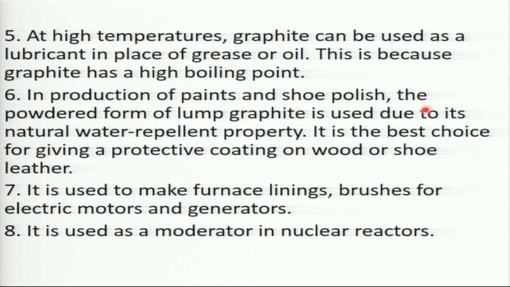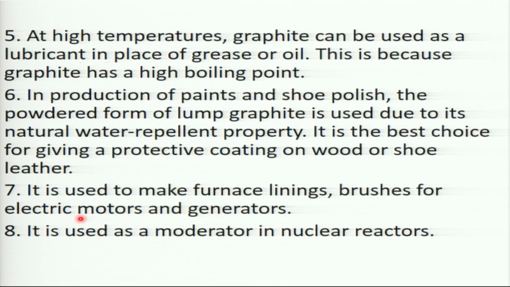All right? Good. Number 7: it is used in different sectors and in different ways. It has very many uses. It is used to make furnace linings, brushes for electric motors and generators. That one is very clear.